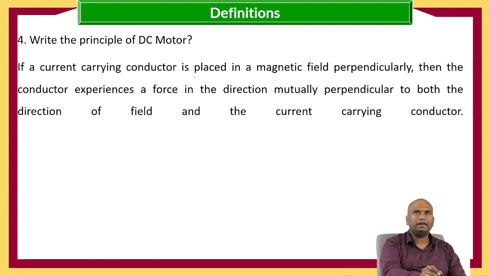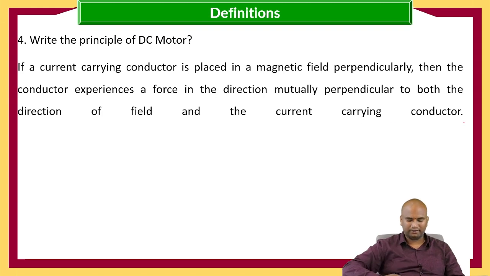That is, if a current carrying conductor is placed perpendicular to a magnetic field, then the conductor experiences a force in the direction mutually perpendicular to both the direction of the field and the current carrying conductor.